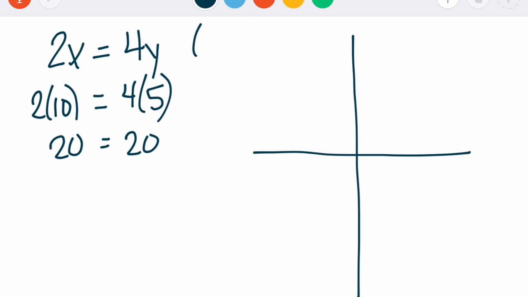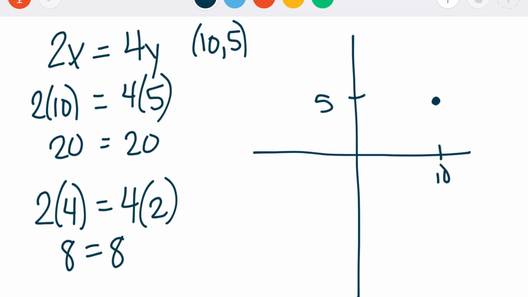So 10 comma 5 could be a solution, right? Let's think of something else. How about x could be 4 and y could be 2, because that's a true statement. So, or 4 comma 2 rather. Let's see, would be like this.